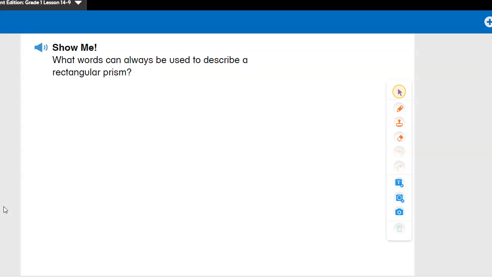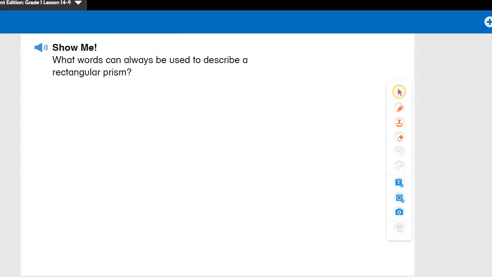How many vertices does a rectangular prism have? Or how many edges? So in this section, boys and girls, you can write any answer choice that you want that describes how a rectangular prism can always be described. So we just talked about vertices and edges and sides and faces. So let's pick one. And if you don't want to pick the same one that I picked, you can write your own.